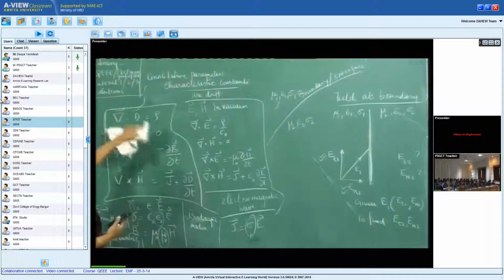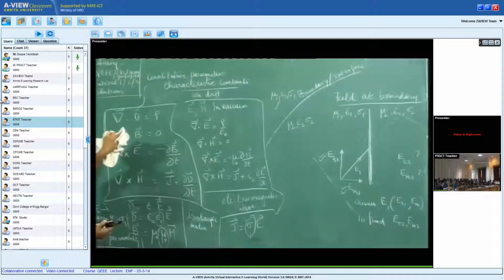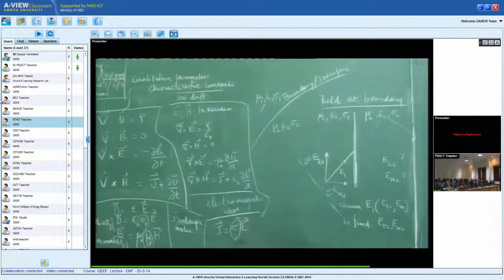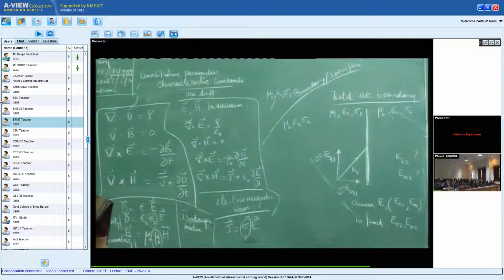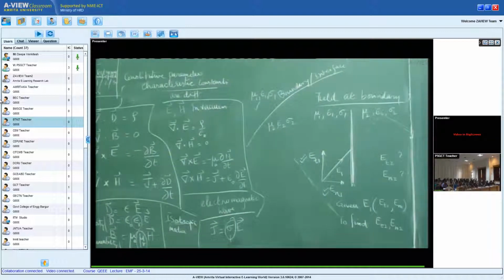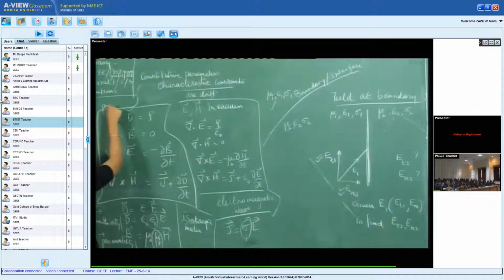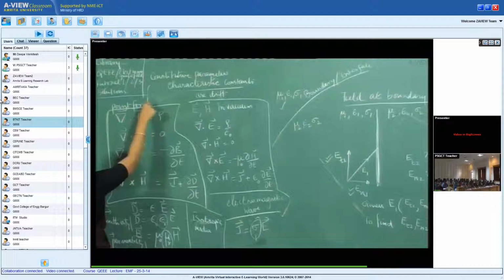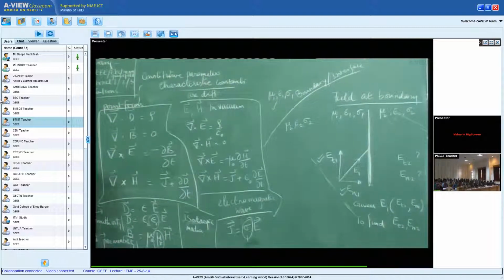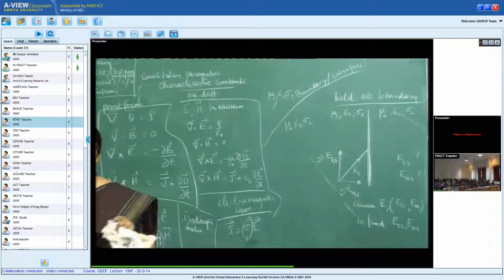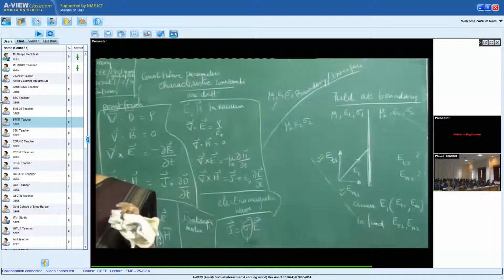For that, as I said, we are going to use Maxwell's equations. But remember, when we started deriving Maxwell's equations, for every equation we wrote down the point form and the integral form. At that point I told you that you could write all four equations in point form or integral form.